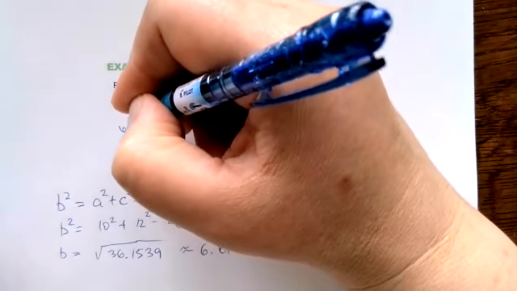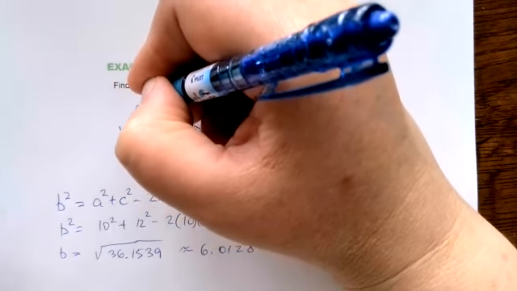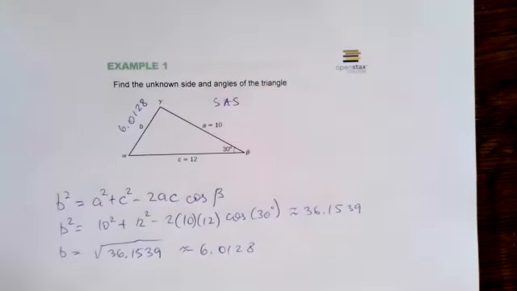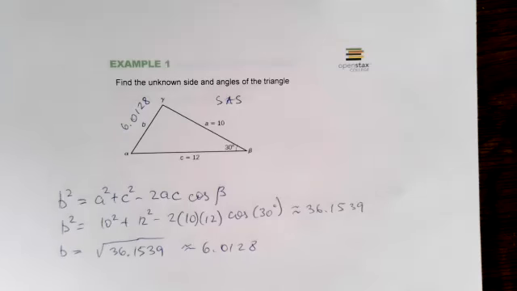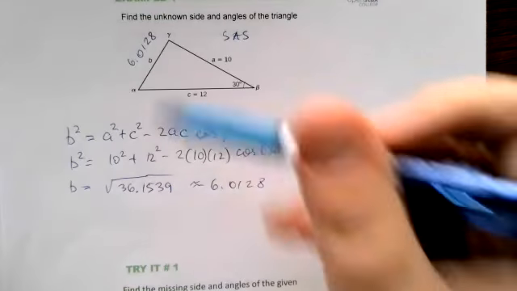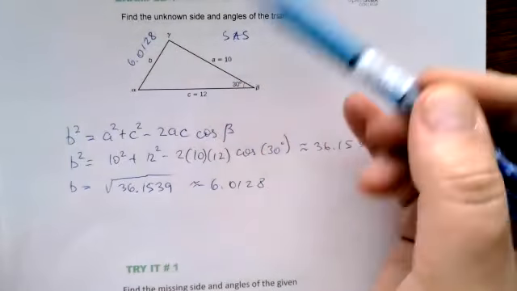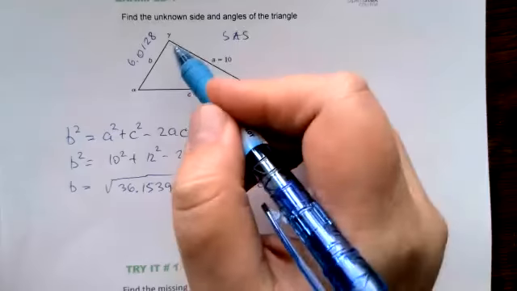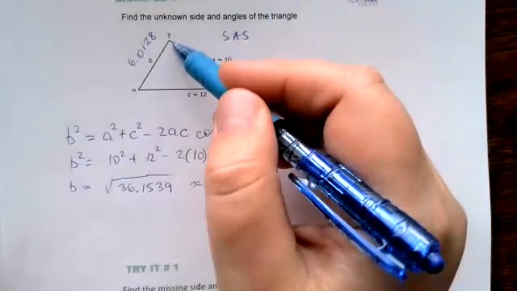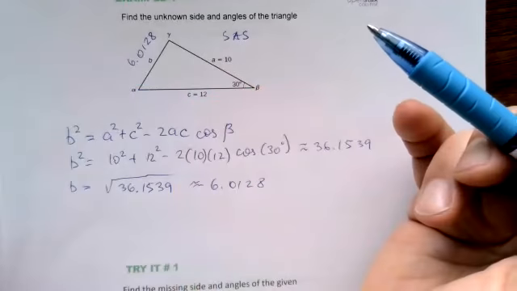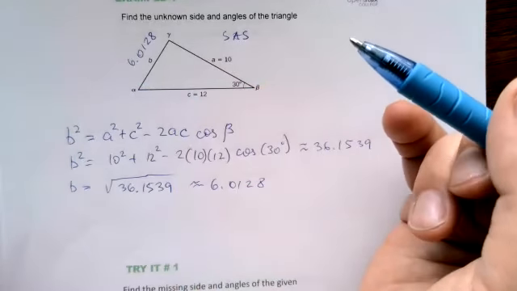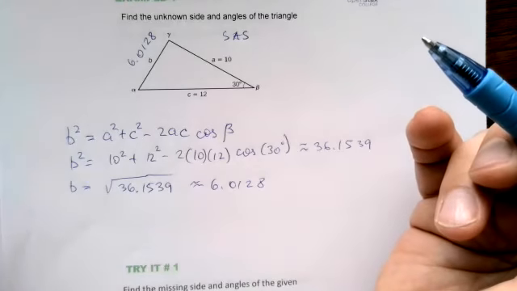Okay, so I found one of the sides. I still have to find the other two angles of the triangle. Since I know all of the sides now, I can apply the law of cosines for either gamma or alpha, or I could apply the law of sines as well.